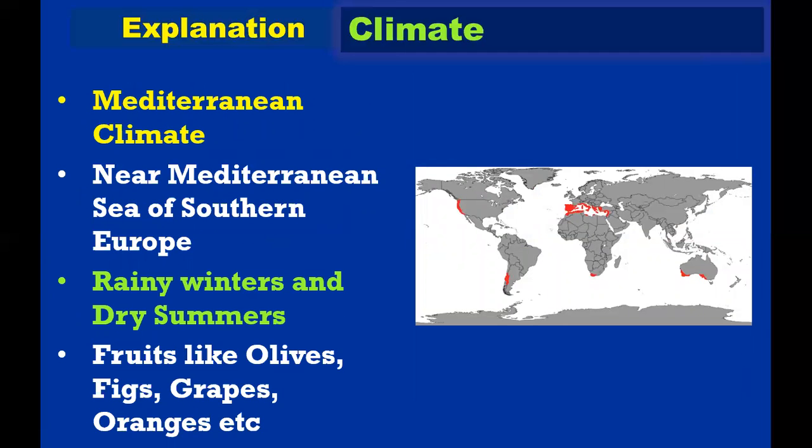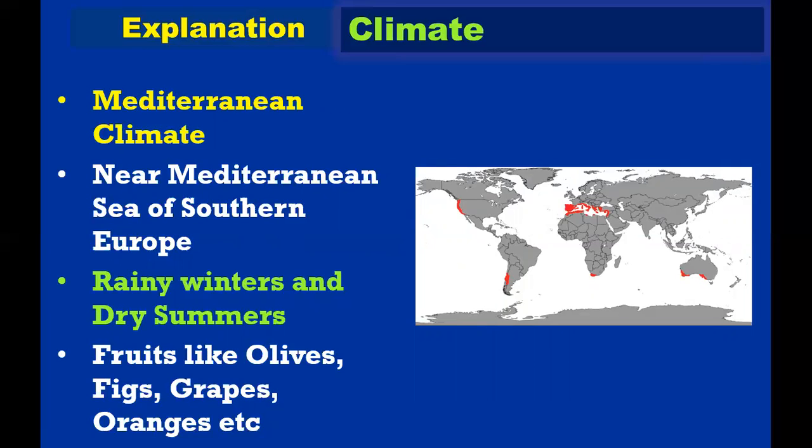Now, another climate which we find in Europe is the climate near the Mediterranean Sea. I told you that in the south we have the Mediterranean Sea, which separates Europe and Africa. So the countries located near the Mediterranean Sea have a Mediterranean type of climate.